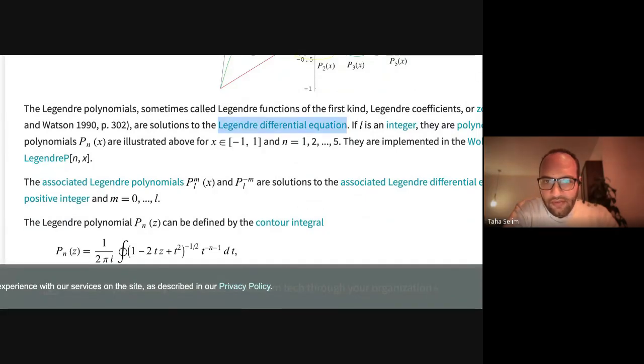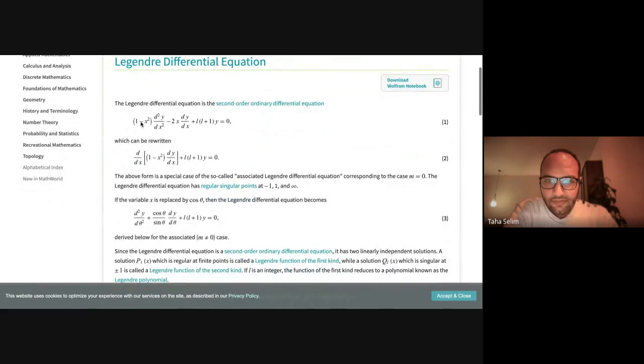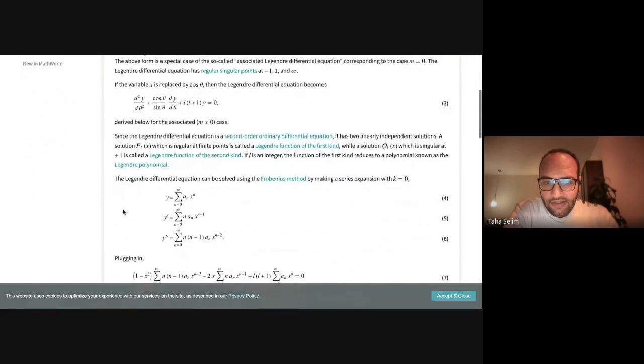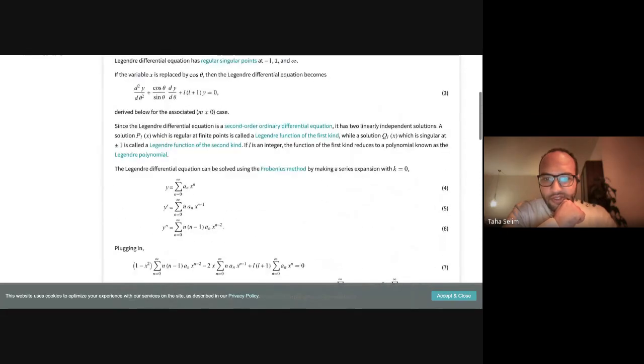So if we go to a different tab, these are the solutions of this equation. If you solve this, you have L times L plus 1. Then in this solution, you get these nice special polynomials. This one deserves a session on its own, because there is one fundamental thing here. We will touch it later, not now, for spherical harmonics.